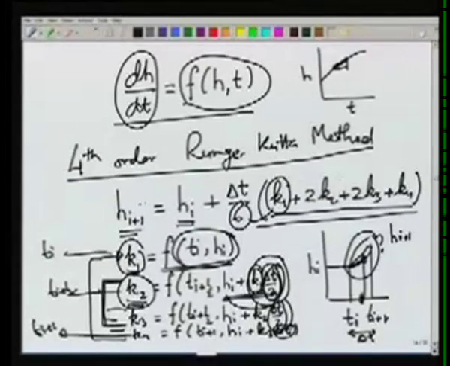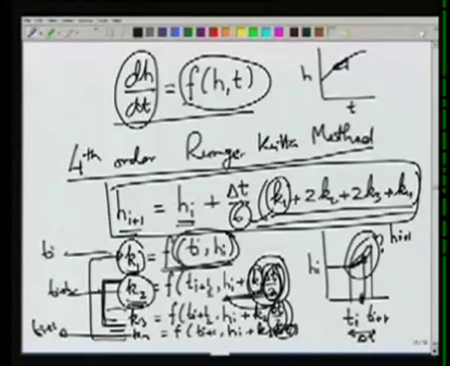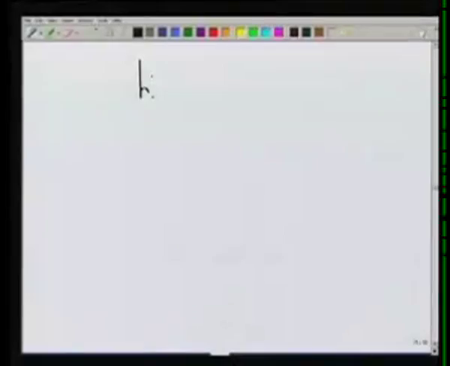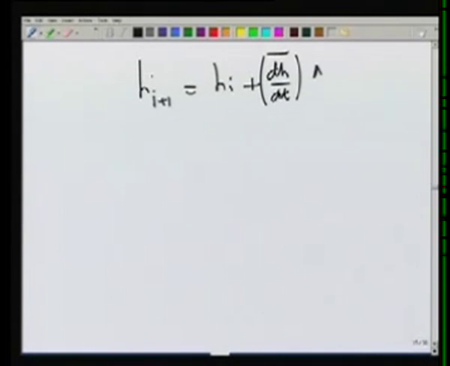So we can see that this equation can be written as hi plus 1 equal to hi plus some average slope, which we can call, let's say, dh by dt bar, into delta t, and this dh by dt is a weighted average of the values of dh by dt at beginning, end and midpoints.